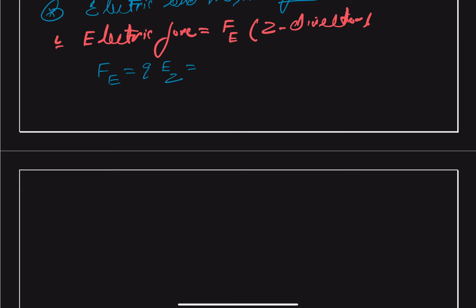We substitute the values: 1.6 into 10 to the power minus 19, times minus 102.4 into 10 to the power 3.